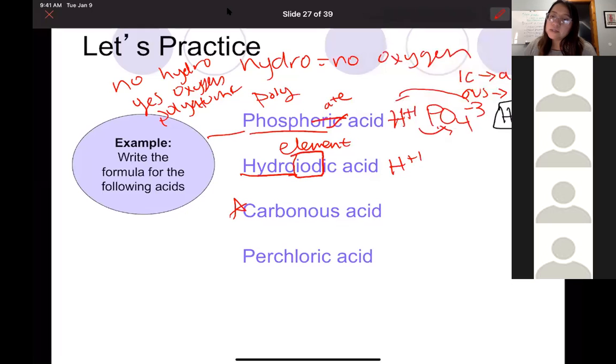So what element do we have that begins with IOD? Iodine. And what is the symbol of iodide? I. And what's the charge? Not +1, -1. Yeah, -1. The charges match, meaning it's the same +1, -1, so it's just HI.